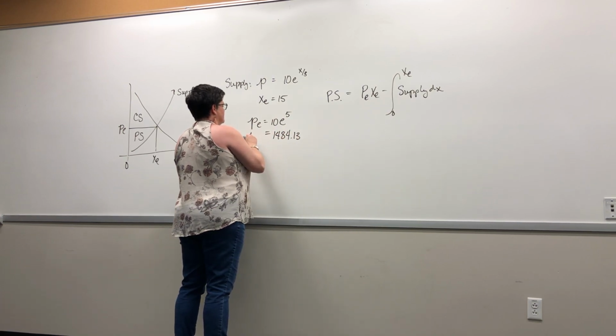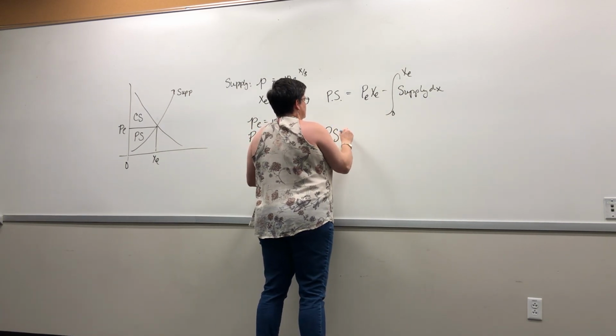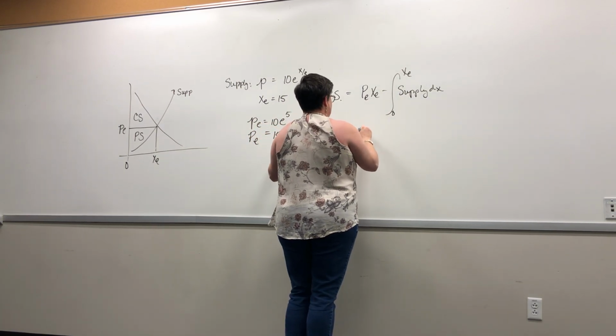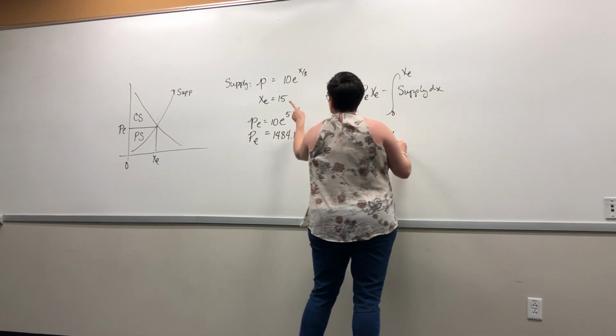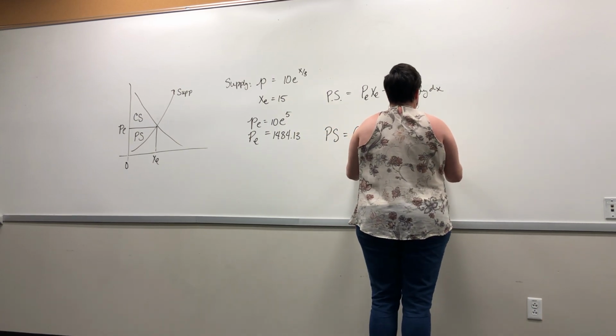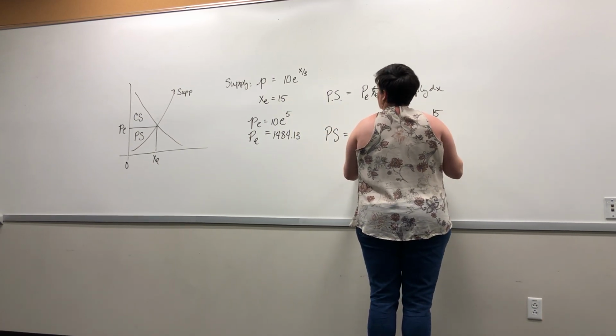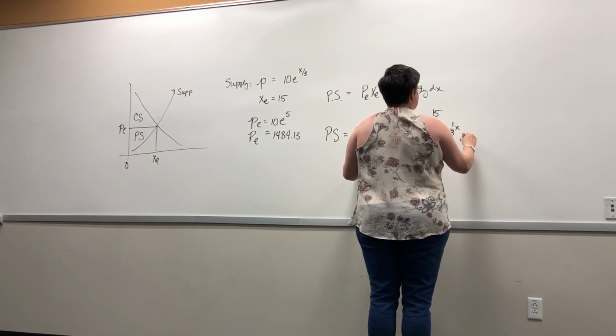Yeah. Awesome. So that's price at equilibrium. So let's do this. Producer surplus is 1484.13 times 15 minus the integral from 0 to 15 of 10e to the 1/3 x with respect to x.